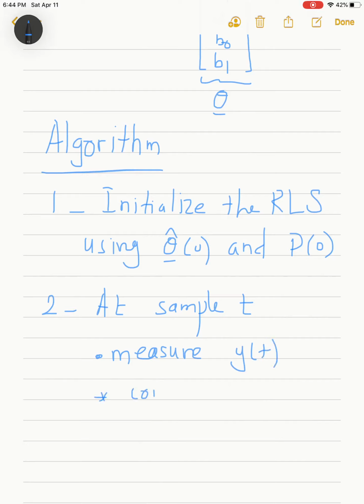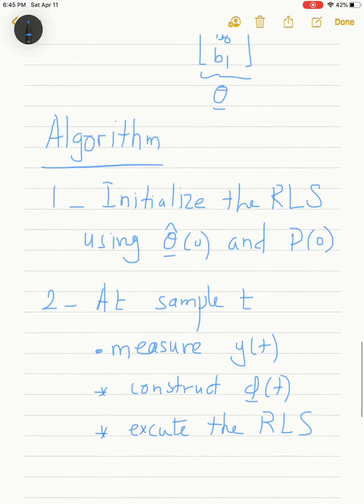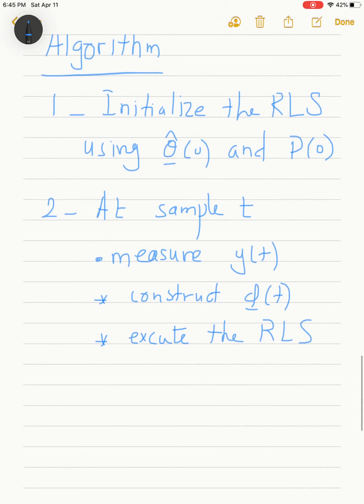We construct the regressor, and then we execute the recursive least squares algorithm to find the estimate of the parameters.